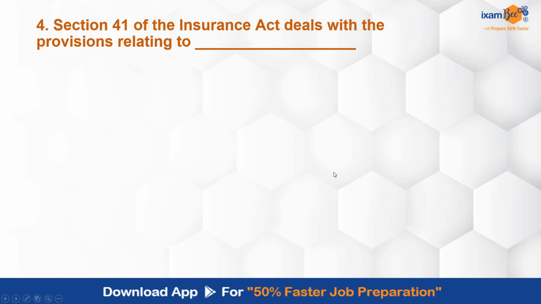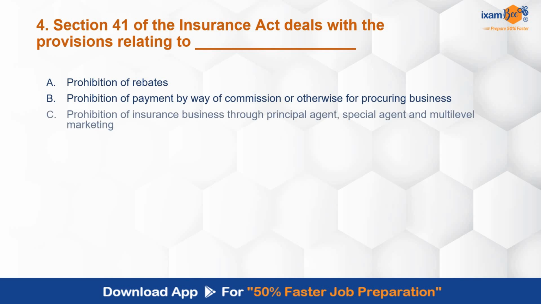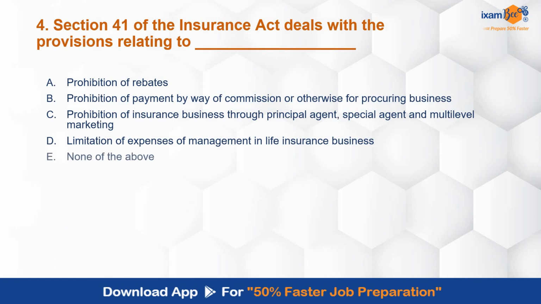Section 41 of Insurance Act deals with the provisions relating to prohibition of rebates, prohibition of payment by way of commission or otherwise for procuring business, prohibition of insurance business through principal agent, special agent, and multi-level marketing, and limitation of expenses of management in life insurance business. None of the above.